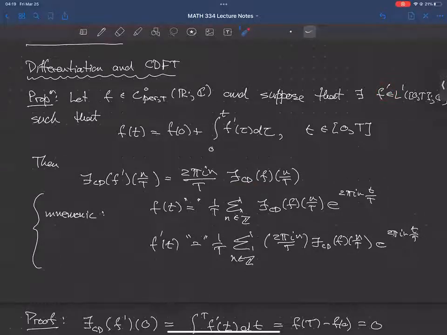Okay, so first what I want to do is write a formula, not just assuming that f has a derivative, but when f is k times continuously differentiable. So I want to basically take this result and apply it recursively to higher and higher order derivatives of f.